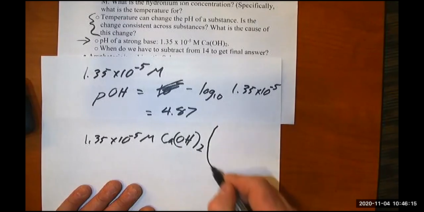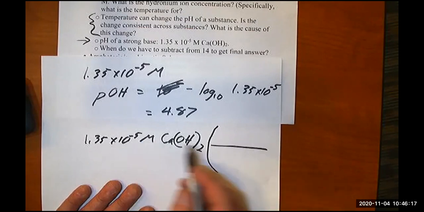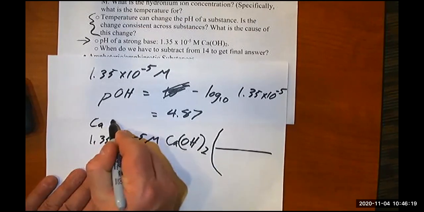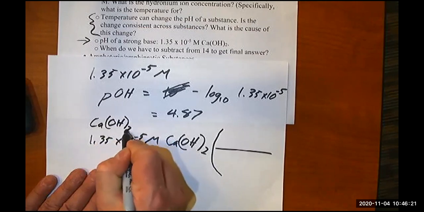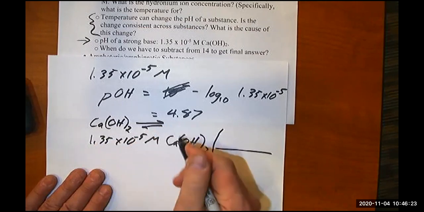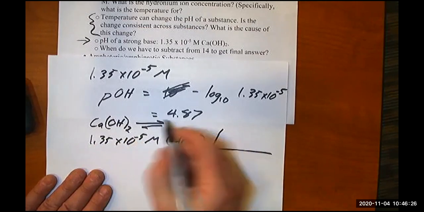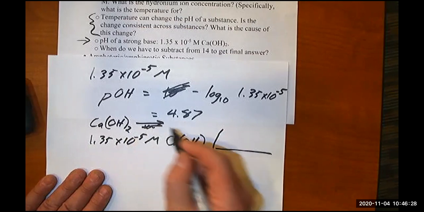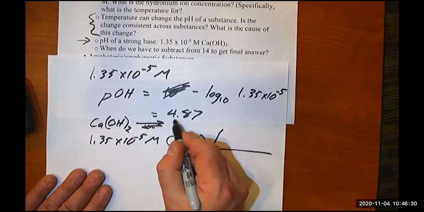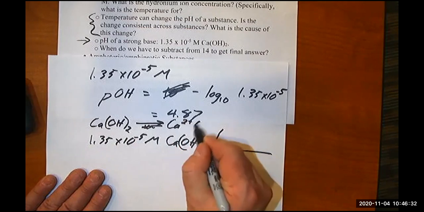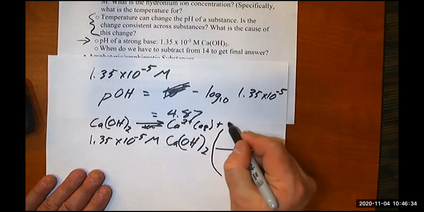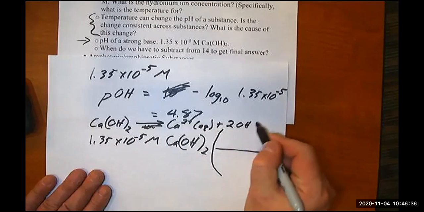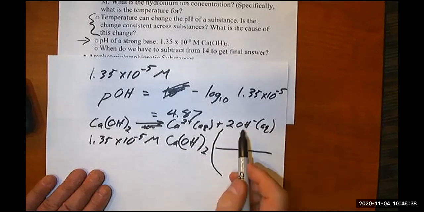And what we can tell from the stoichiometry of the reaction: Ca(OH)2 is in equilibrium with, actually it's not an equilibrium, because this is a strong base, Ca2+ aqueous plus 2 OH minus aqueous. Right?